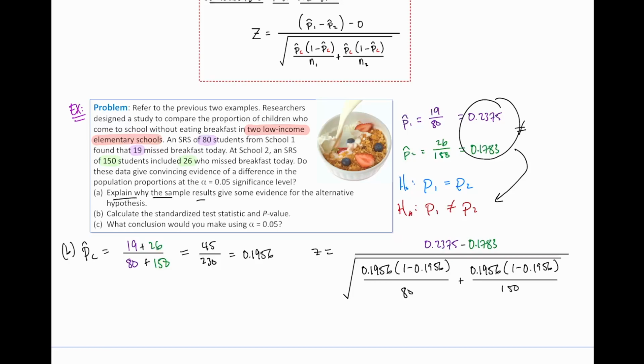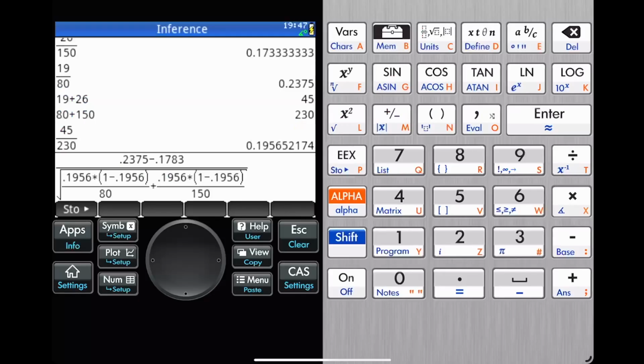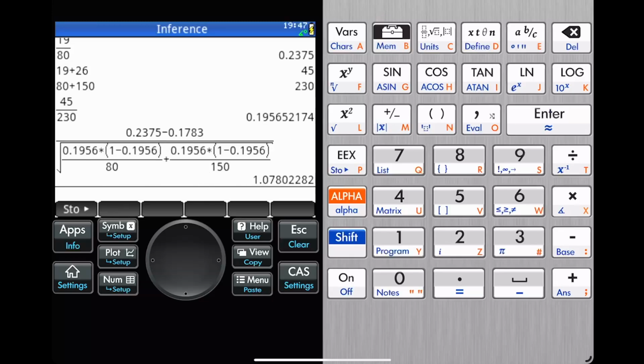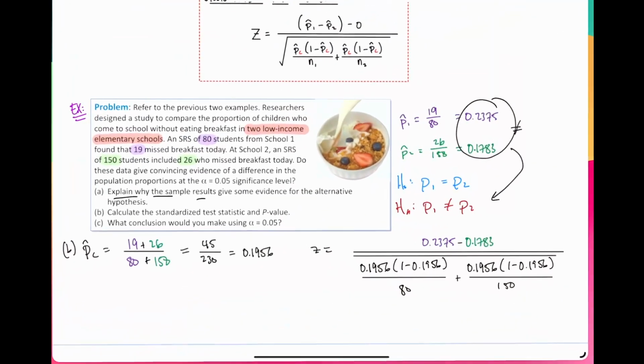And let's see what that value is. I'm going to do this in the calculator. I decided to do it all at the same time here in the calculator because I felt that's easier to see. You could definitely do it piece by piece, but I think it's easier in the calculator. If we hit enter here, we get our standardized test score of 1.078.